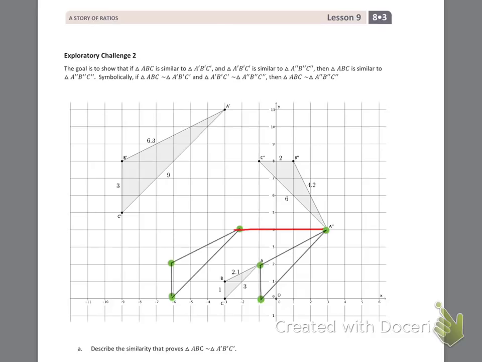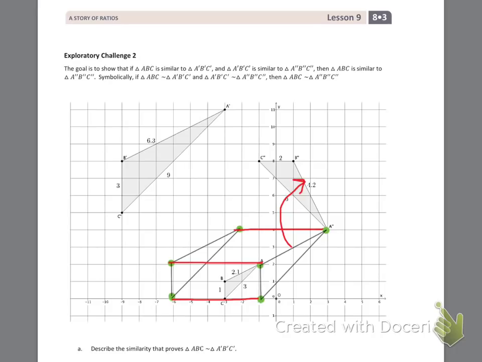Okay, and all these points moved over 5, like so. So my new triangle's here, and now, as I did in the other cases, I'm going to rotate it around so that it maps onto A double prime, B double prime, C double prime.